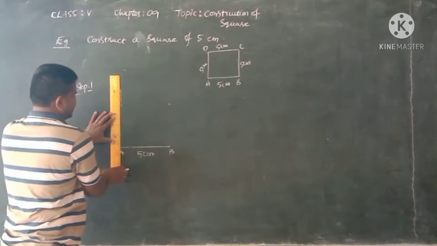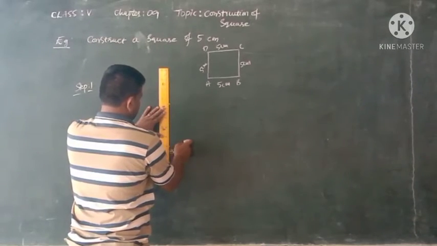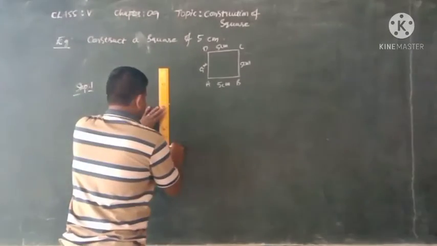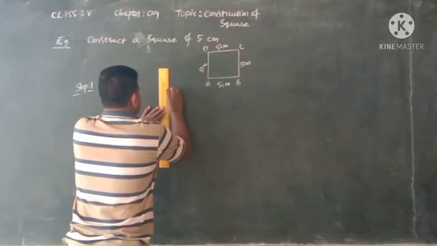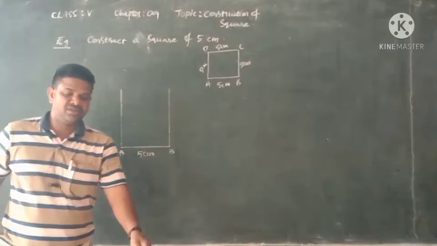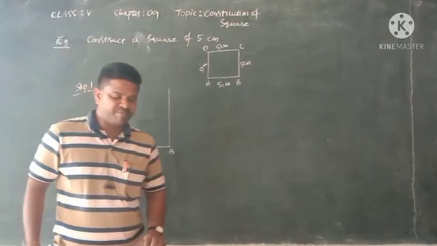So the 90 degrees are already drawn. Next, third step.